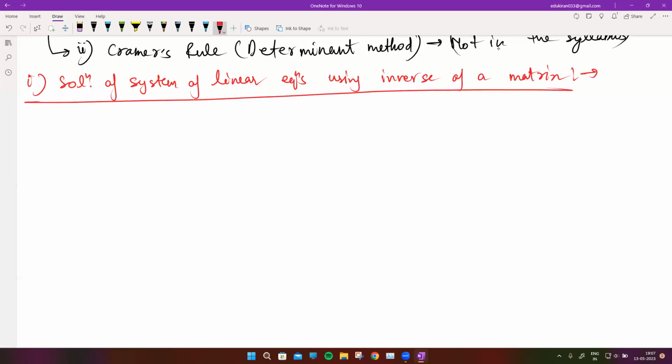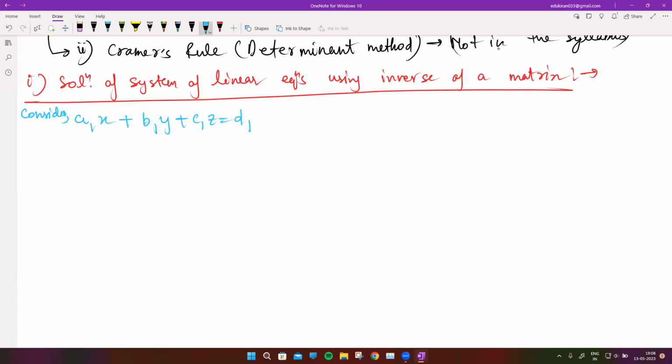Now we will be given a system. So a given system of linear equations in 3 variables should be considered a1x plus b1y plus c1z is equal to d1. So let's understand the variables first.